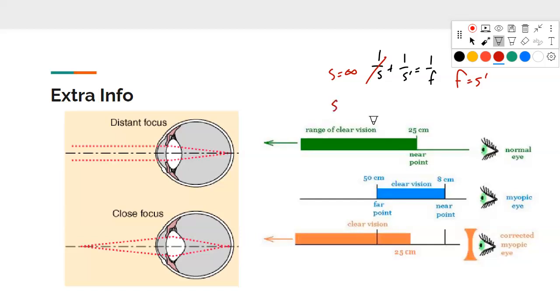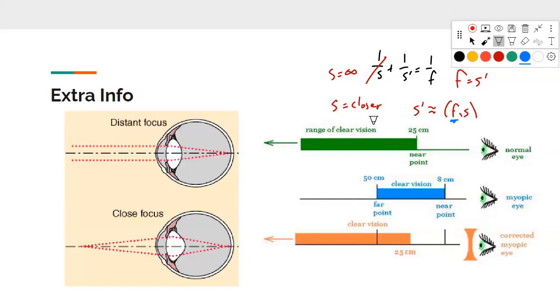So we can allow s to not be infinity, to be something closer. And in that case, s prime will be some complicated function of f and s, right? It'll be related to f and s, and we have to actually use the thin lens equation to find what this new focal length would have to be in order to have light properly focused at the back of the eyeball.